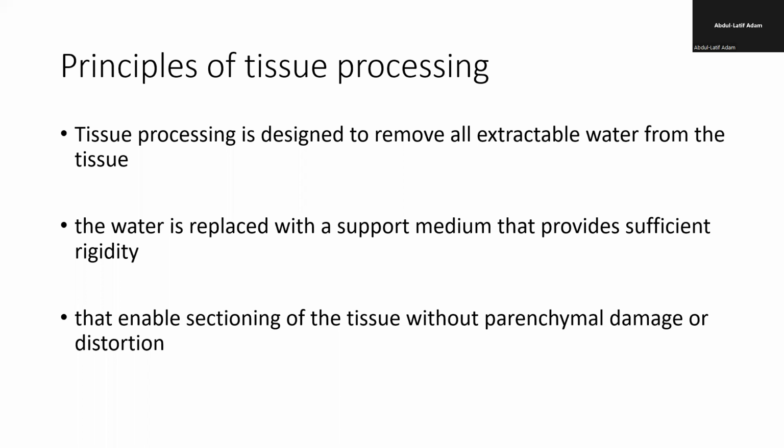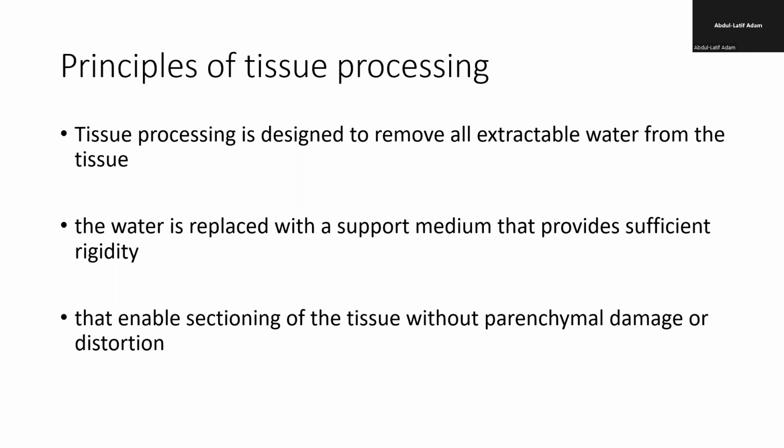Another one of the reasons for tissue processing is to be able to produce thin sections out of it for microscopic examination. It is very difficult to cut sections of tissue with water.